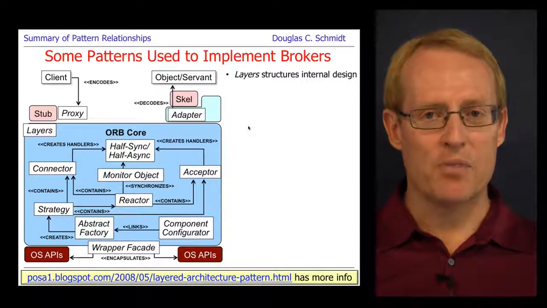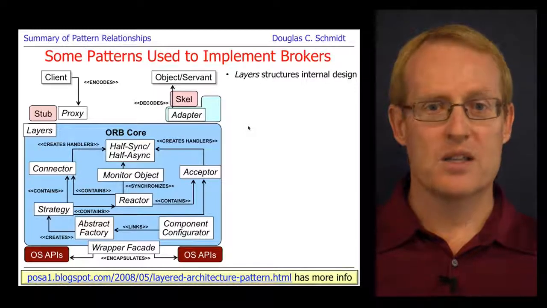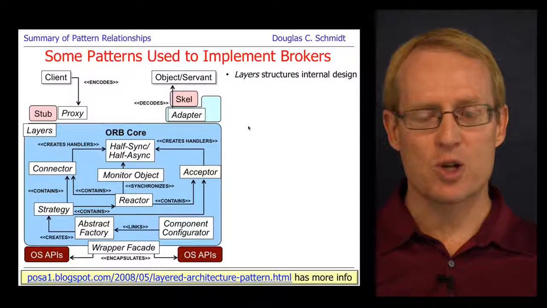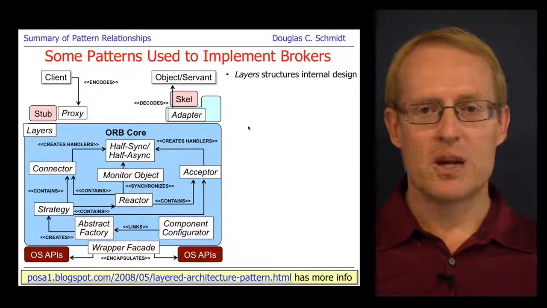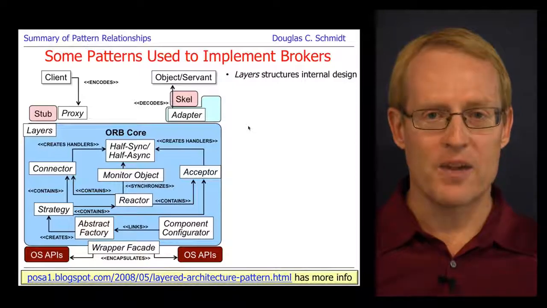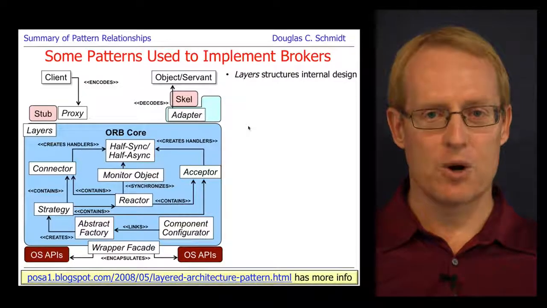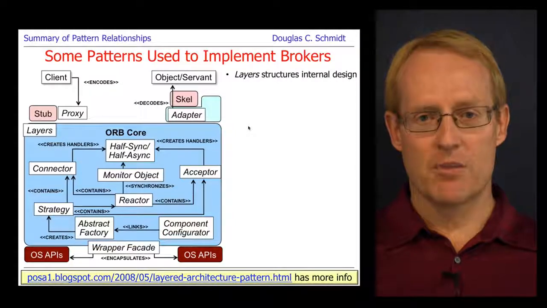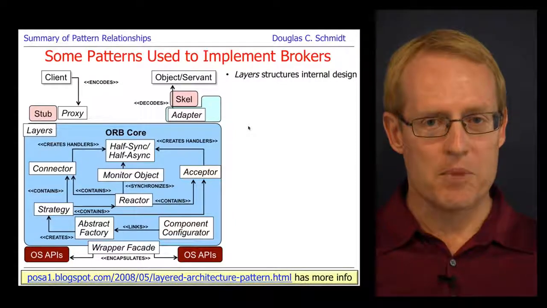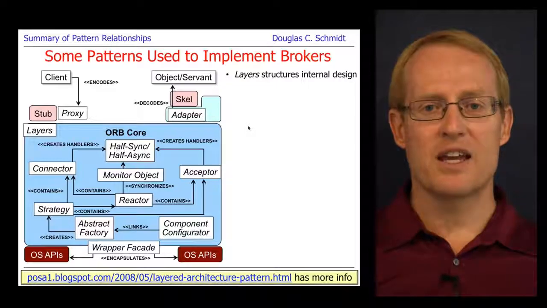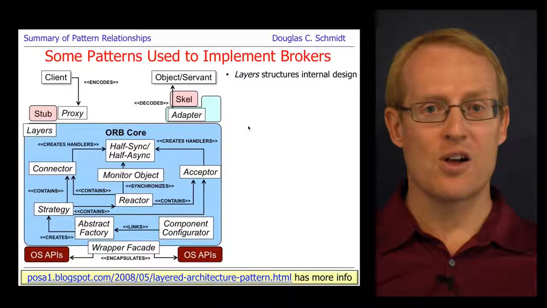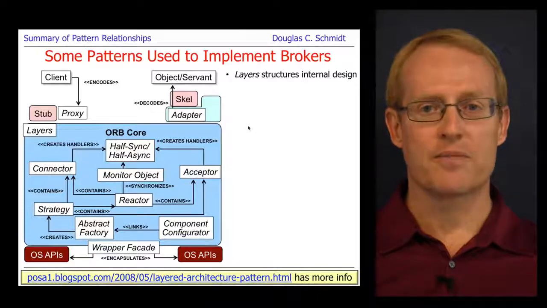So one pattern we apply to implement broker is the layers pattern, which is a POSA 1 pattern that talks about how to structure software to separate concerns in a layered manner. And of course, we use this throughout the broker to be able to decouple the operating system layer from the layer that's dealing with some of the basic request processing, from the layer that deals with turning request messages back into method calls on objects and so on.